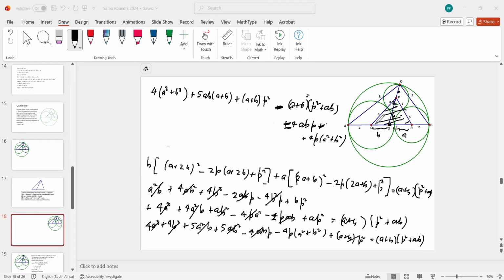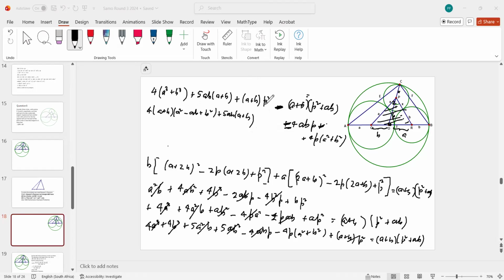Now remember, we said that p plus x is the same as a plus b. Oh yeah, okay. Now, this is 4 into a plus b, a squared minus ab plus b squared, plus 5ab into a plus b.